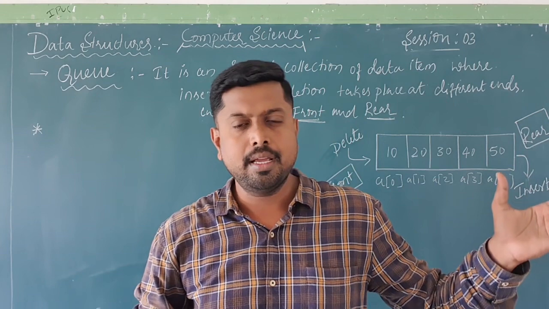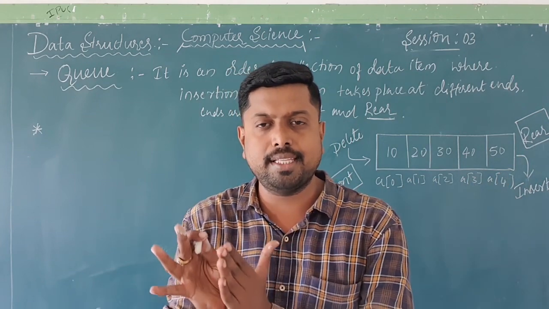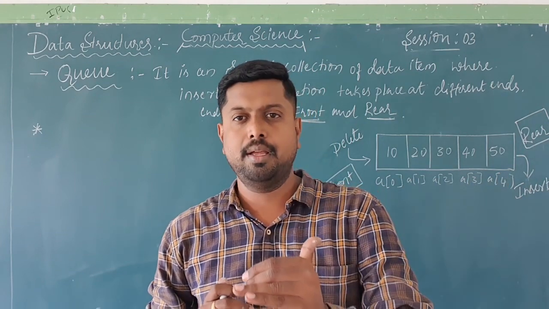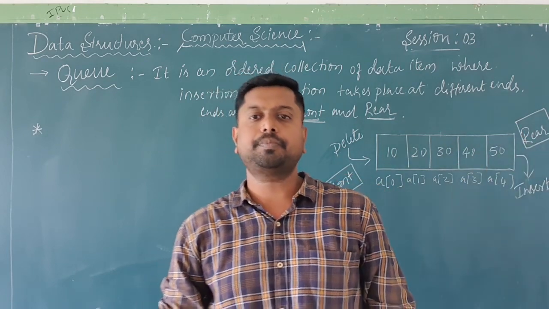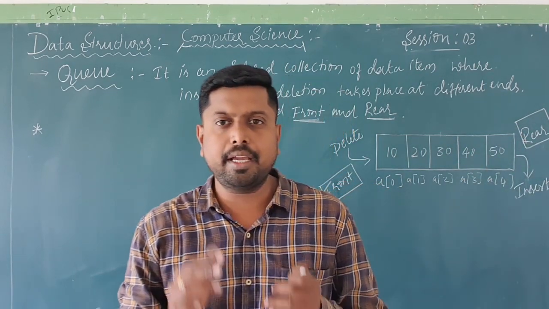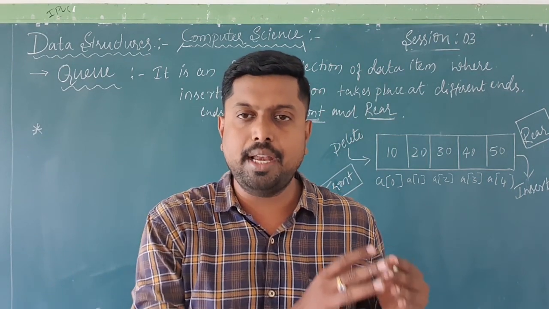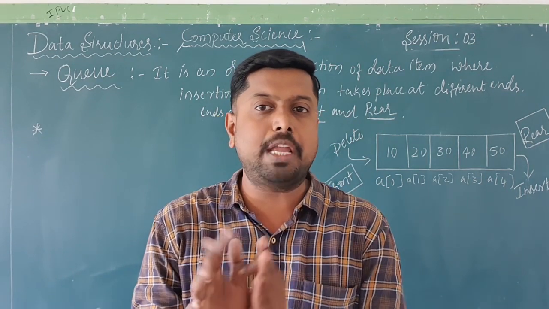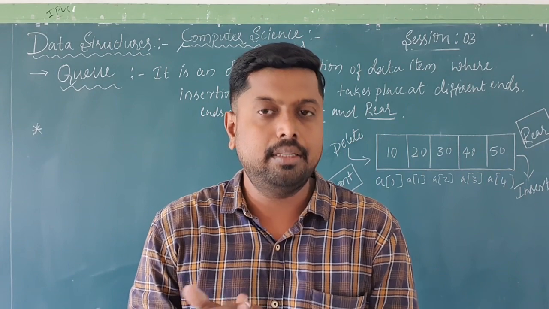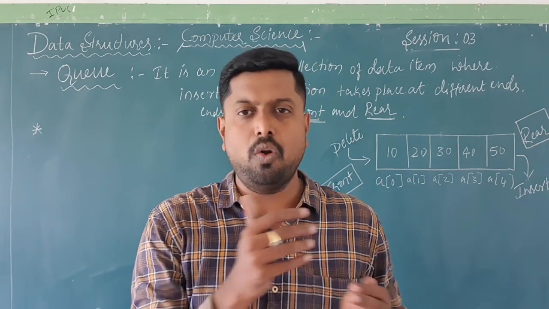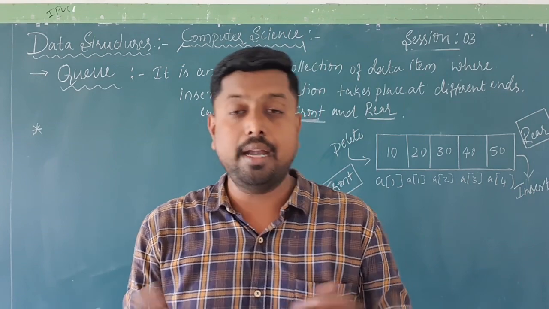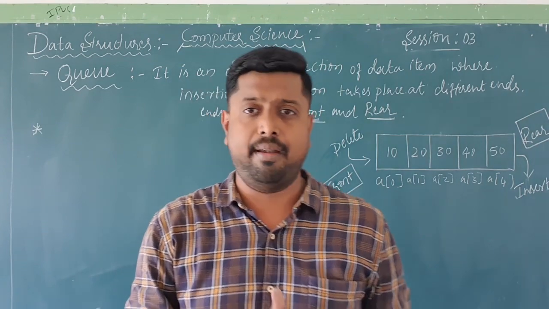In a stack, insertion and deletion take place at the same end, called the top. In a queue, insertion and deletion take place at two different ends, the rear and front. Insertion is always at the rear end and deletion is always at the front end.